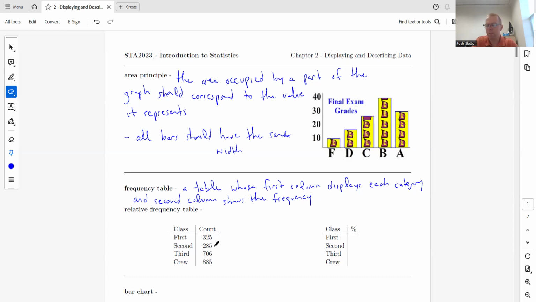So then we have a relative frequency table, and the relative frequency table is similar to a frequency table, but displays percents instead of totals.